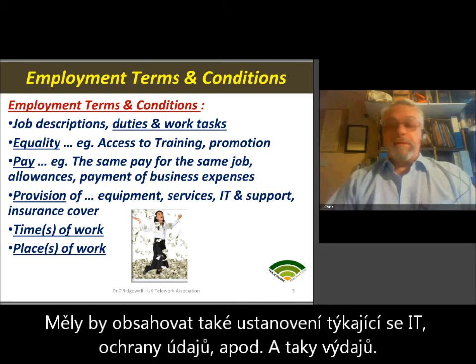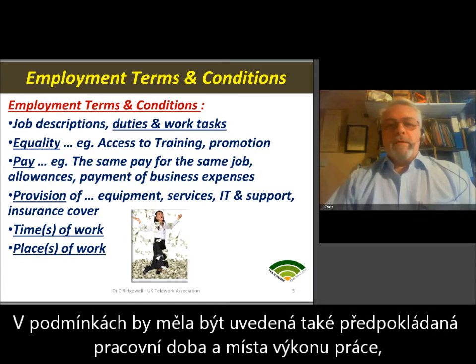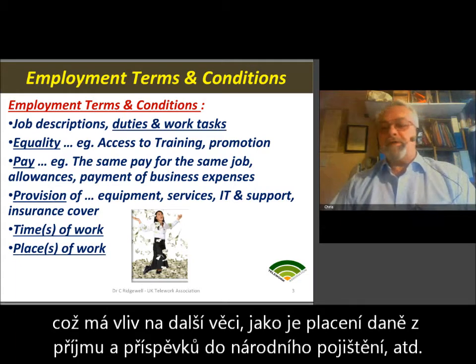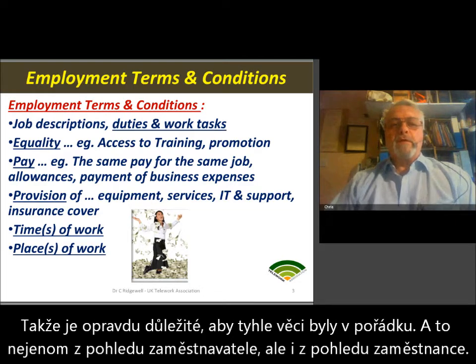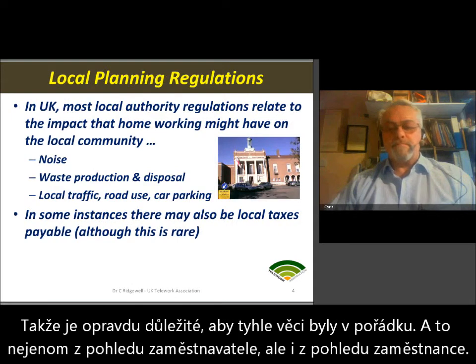They should cite other policies like IT, data security and so on, as well as the expenses policies. The terms should also emphasise the times of work that are expected as well as the places of work, and that can have implications for things like paying income tax, national insurance contributions and so on. So it's quite important to get those right, not only from the employer's point of view but from the employee's as well.